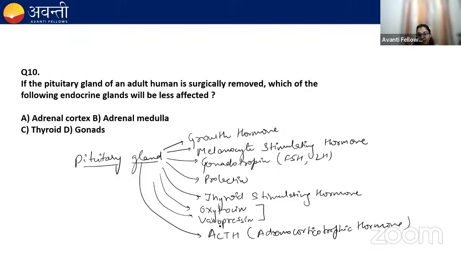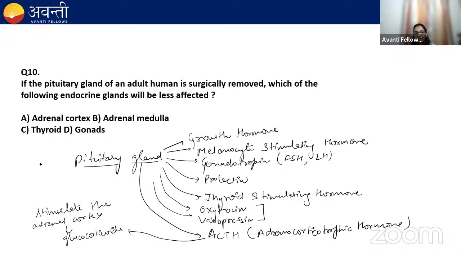This adrenocorticotrophic hormone stimulates the adrenal cortex to synthesize a steroid hormone, which is glucocorticoid. We know that the adrenal gland has two parts, the adrenal cortex and the adrenal medulla.